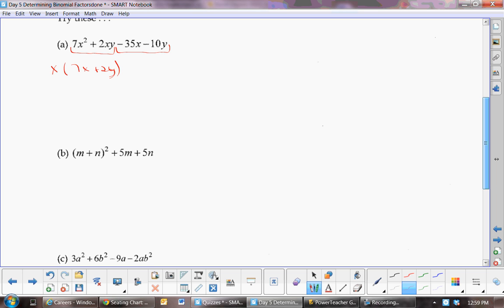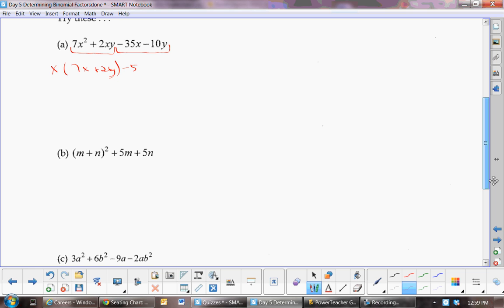Now, if I took out a 5, would that look the same inside the brackets? No, so then I can't do my next step. So you want to take out a negative 5. And I know the students ask right away, how do you know? Why didn't I just take out a 5, right? You know how I know? It's because I know where I'm going, and I would like those to be identical. So I will take out a negative, not a positive.